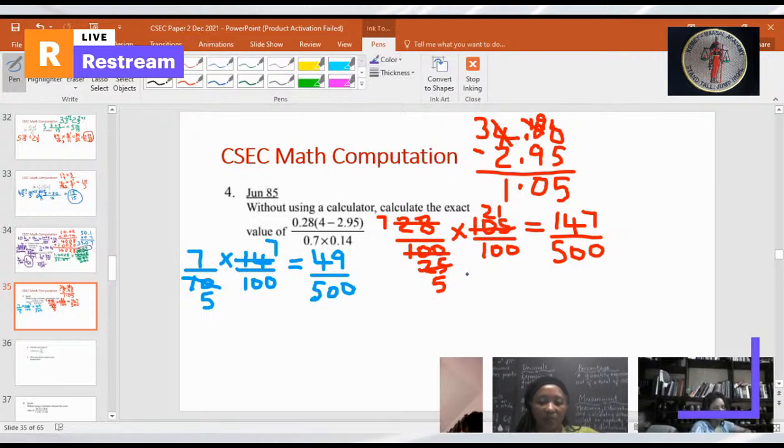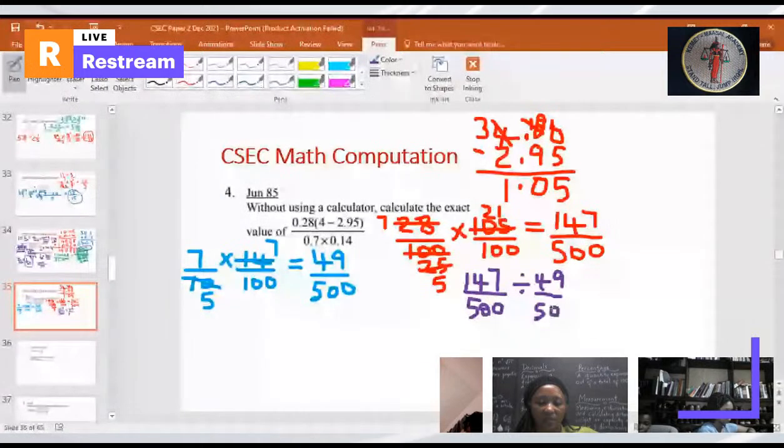So we have 147 over 500 divided by 49 over 500. So that means we're going to rewrite this one and invert.